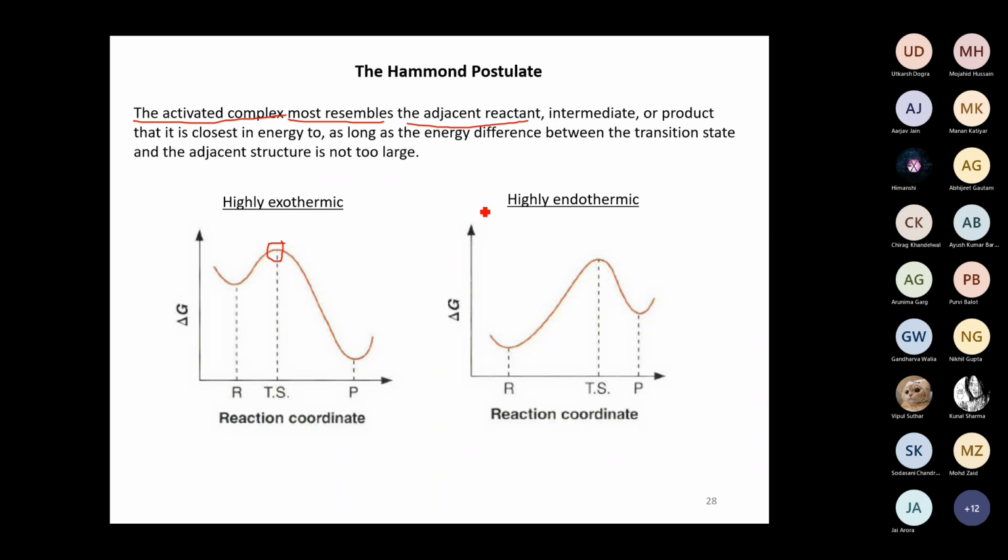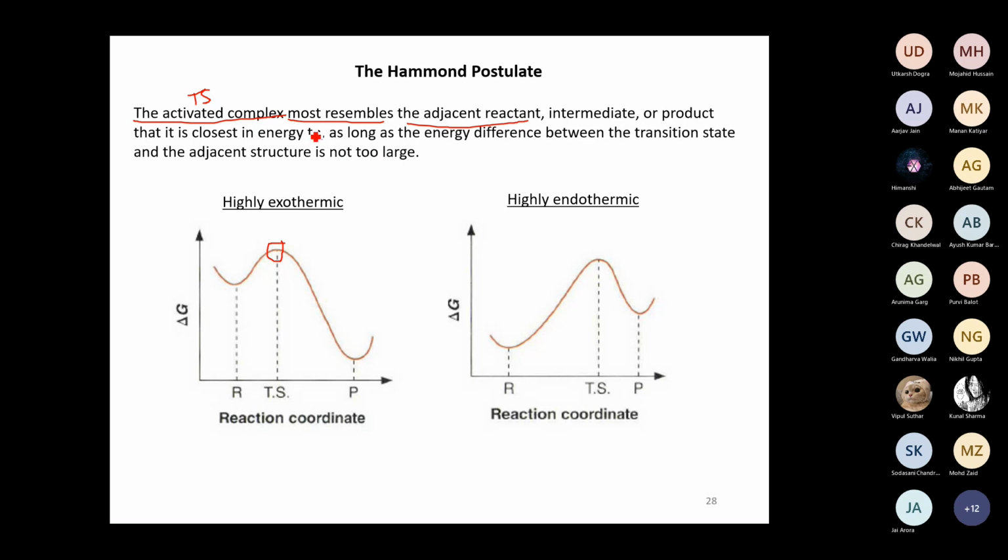Resemble means looks like, it's similar, maybe similar in structure. Now you can tell this is a transition state, or the rate determining transition state of the rate determining step. Suppose a single step, then the transition state is in the rate determining step.